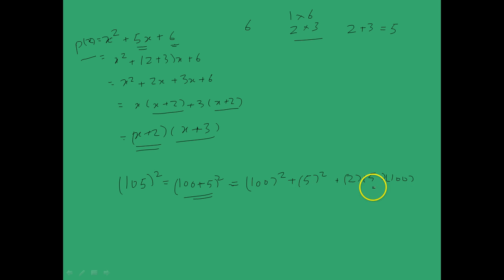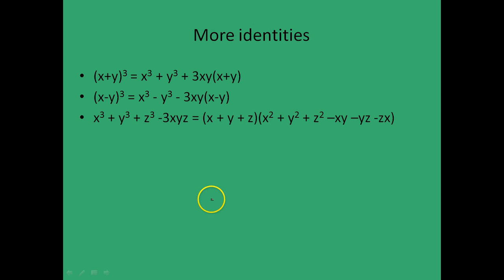You see how the computations get much easier, and you don't have to find the square of a 3-digit number. We will leave the calculations as an exercise, and you can verify that.